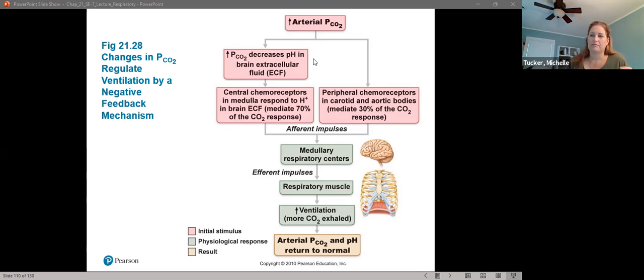So it's a good signal because it doesn't dissipate right away. So an increase in CO2 gives an increase in hydrogen ions stimulating chemoreceptors, and then those signals travel to the medullary respiratory centers, the ventral and the dorsal, and that will activate the respiratory muscles, increase ventilation, and exhale carbon dioxide. We have that negative feedback homeostasis where we return PCO2 and pH to normal.